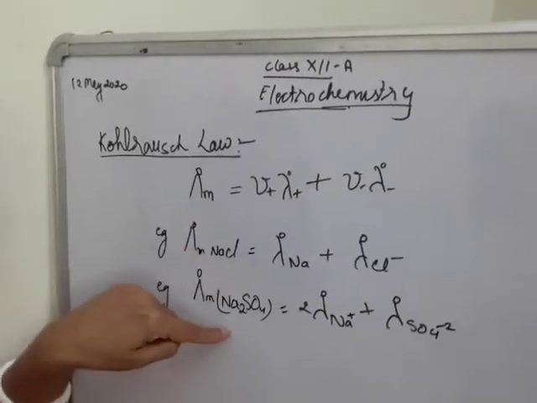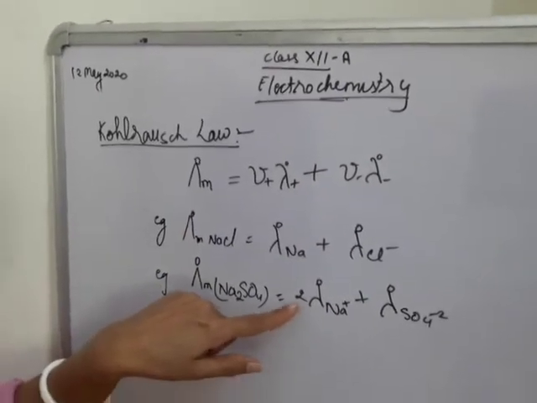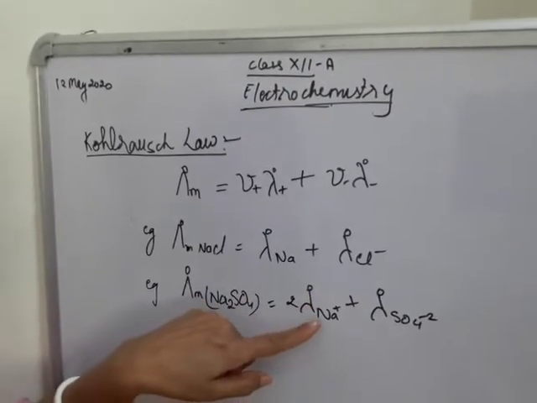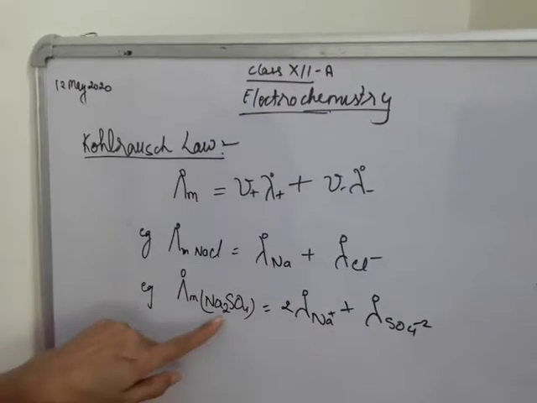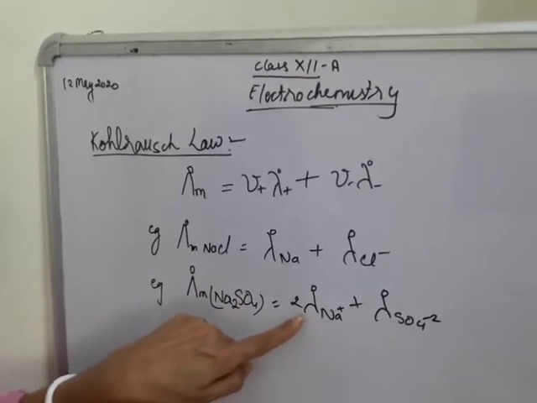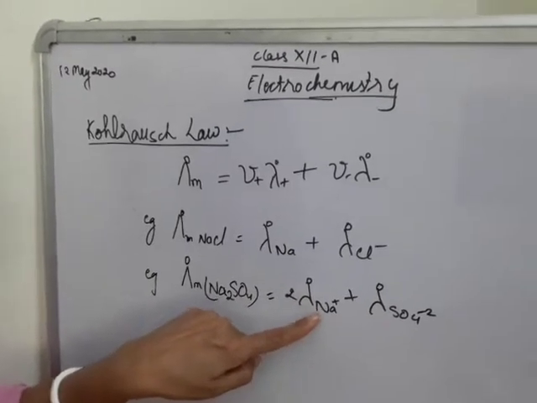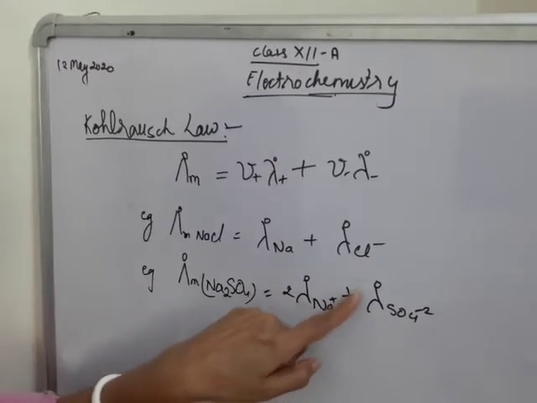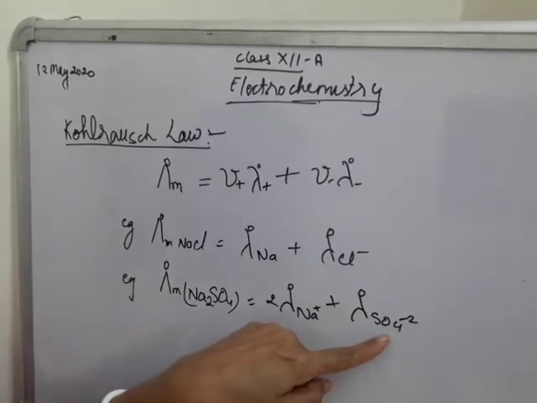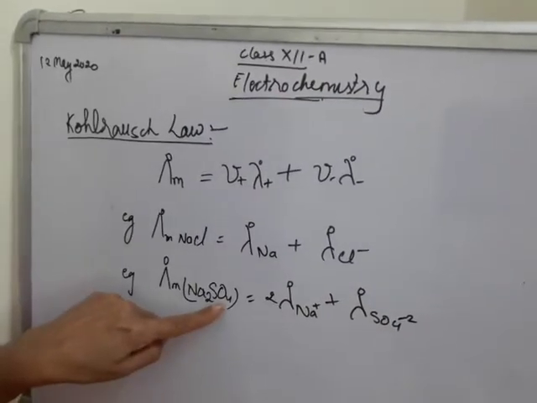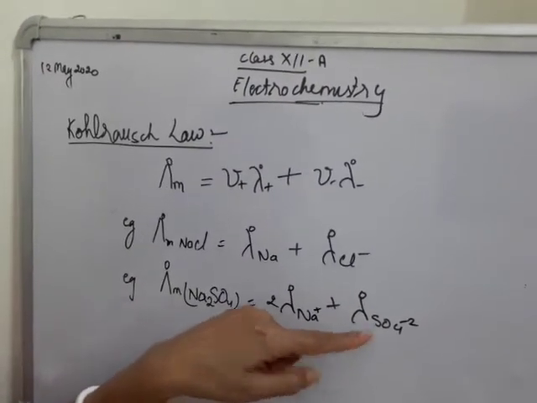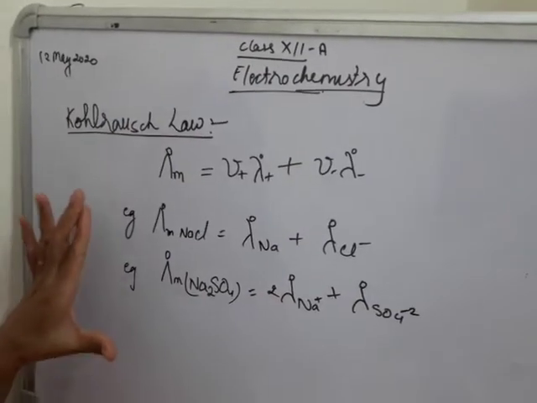So according to Kohlrausch law, it will be equal to 2 into limiting molar conductivity of sodium ions. See, we have 2 sodium ions, so we have to multiply the limiting molar conductivity of sodium by 2 plus the limiting molar conductivity of sulfate ions, because we have only one sulfate in the formula, so it will be only 1. And this is how we will be making use of Kohlrausch law.